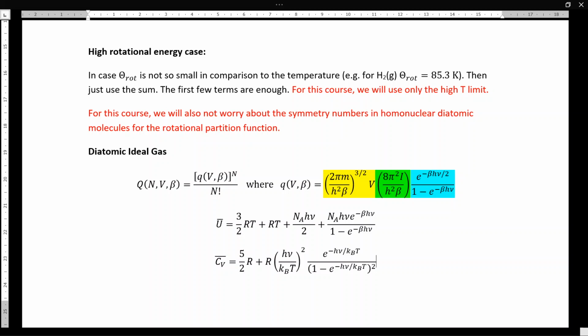What I wanted to give you was a flavor of how one can account for different terms and different contributions, and essentially derive all these molecular partition functions. Once you know these, you can go ahead and derive all the properties. So in the next lecture, we'll look at some of the properties.